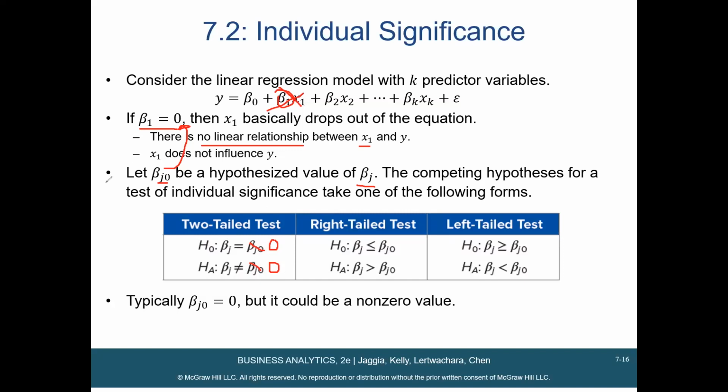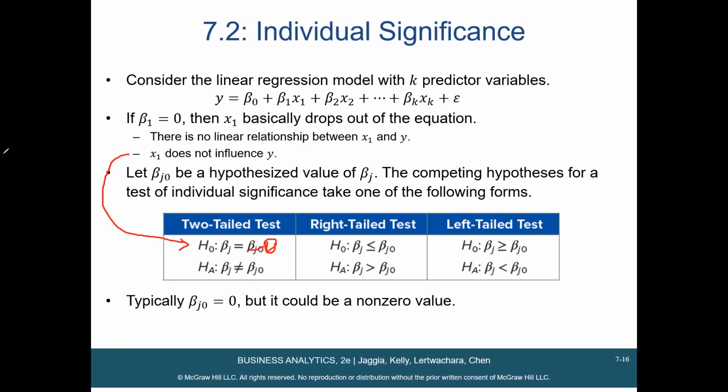That's our null, and we assume it's zero. We set that to zero, which is what we do for regression analysis almost always. Then the alternative is that it's not zero, and then we want to test that.